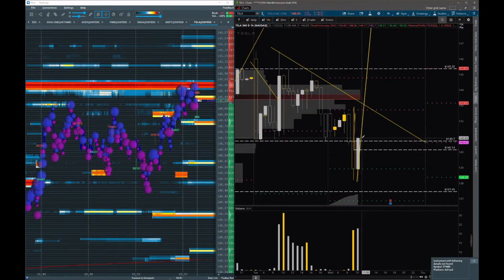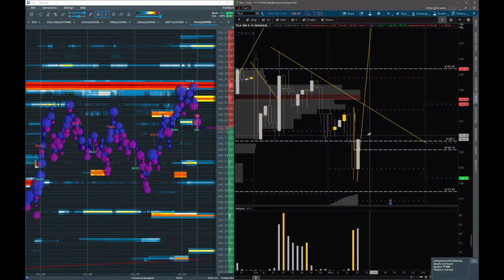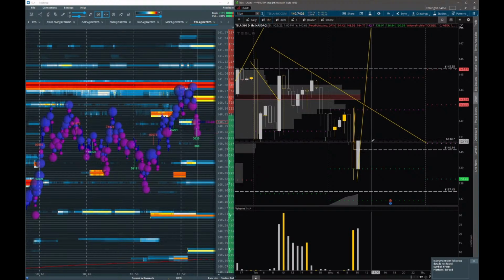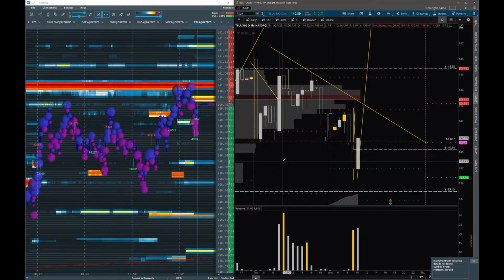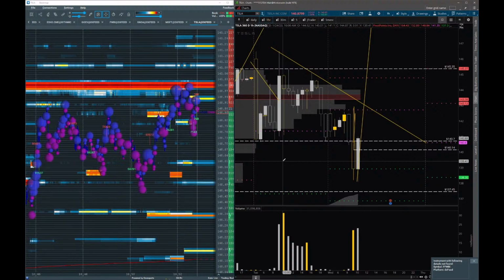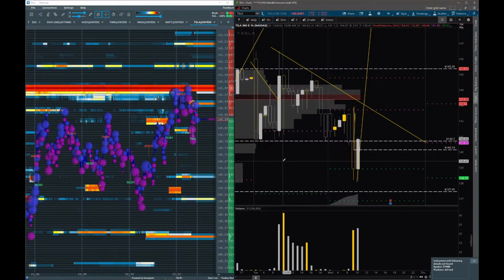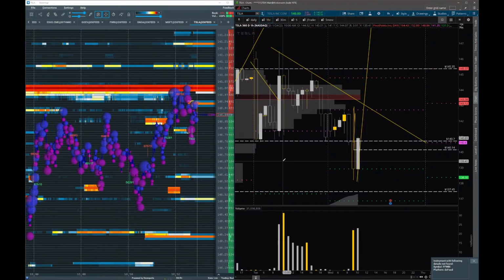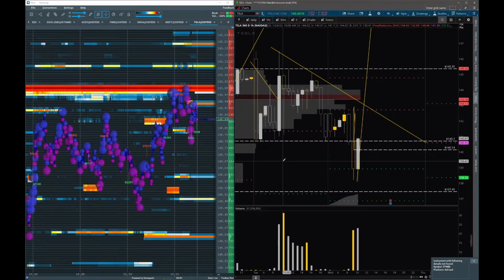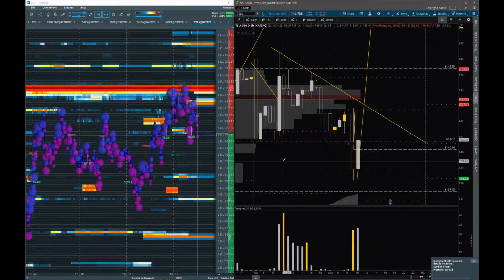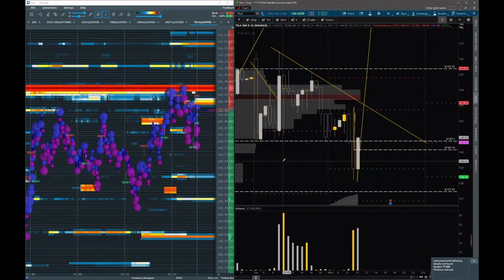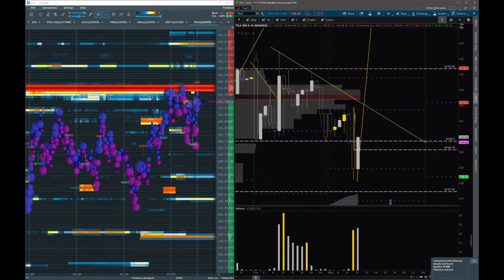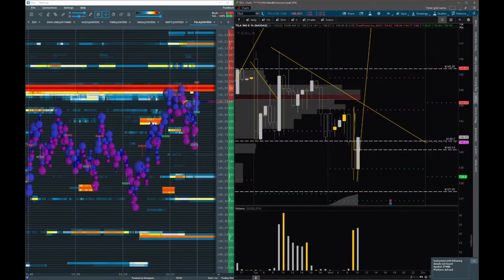I will be looking for a consolidation above this area, 140.70, and then looking to take a long. Still buyers over here. Still a lot of buyers.